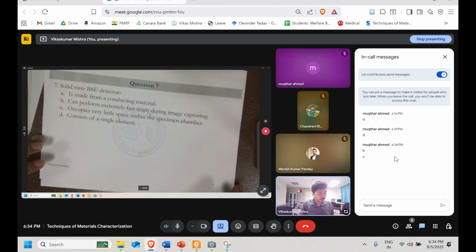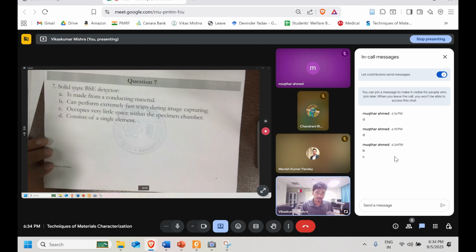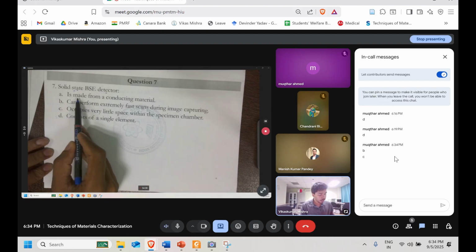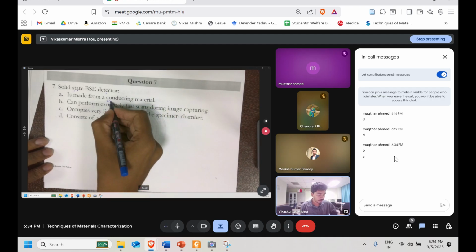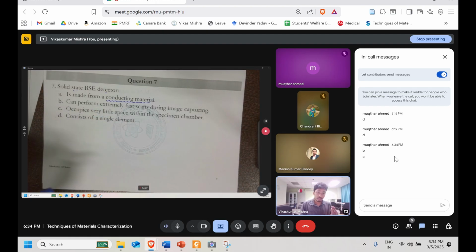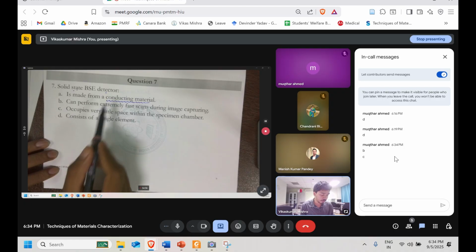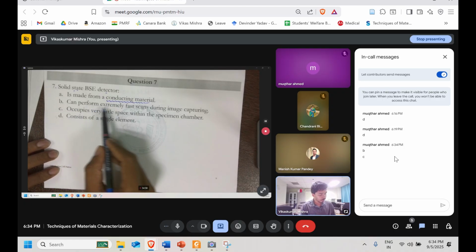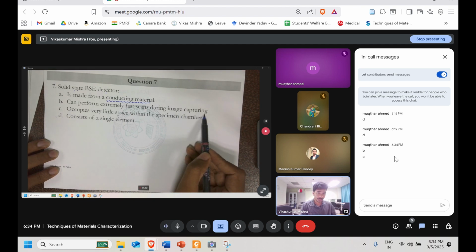Now we are talking about the solid state BSE detector. The solid state BSE detector is made from conducting material. Is it true? We have classified materials in 3 parts: conducting metal, insulating, and semiconductor. Among the 3, which one is this detector? The solid state BSE detector can perform extremely fast scans during image capturing.